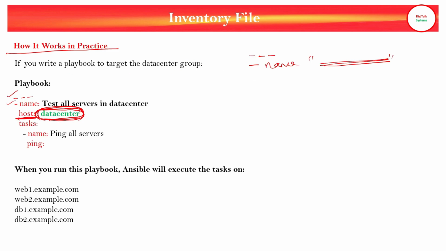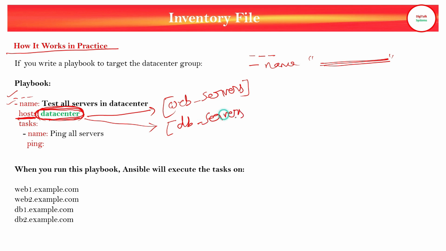Correct. Now suppose you don't want to execute on all the hosts, you only want to execute on the web server hosts. You can give the group name of your web servers, which is web_servers in our case. Similarly, if you would like to execute this playbook on the database servers only, you can give the group name you have given for the database servers.